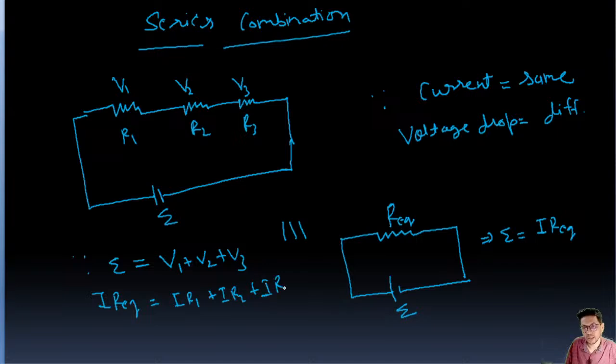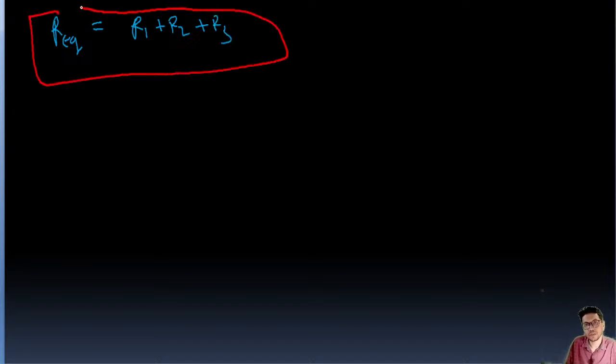Current is the same in a series combination, so I will get cancelled. So R equivalent is R1 plus R2 plus R3. Important result for series combination.